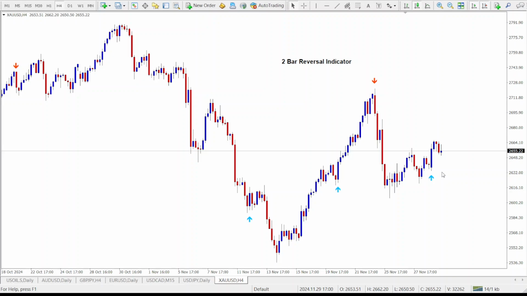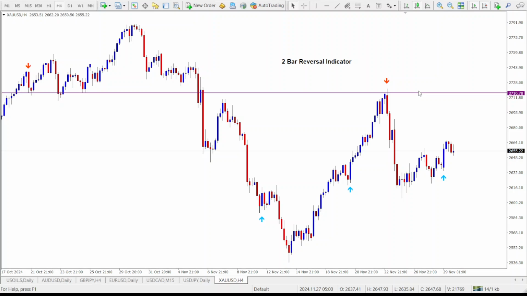All right, so whenever you get a sell signal, ensure you get confirmations. For example, look out for a possible bearish candlestick pattern. Whenever you have a red arrow pointing downwards above the candlesticks, ensure you look for a bearish candlestick pattern and check if price is around a resistance.